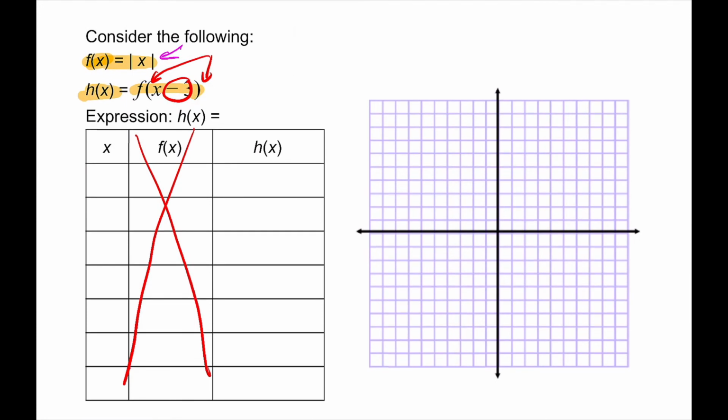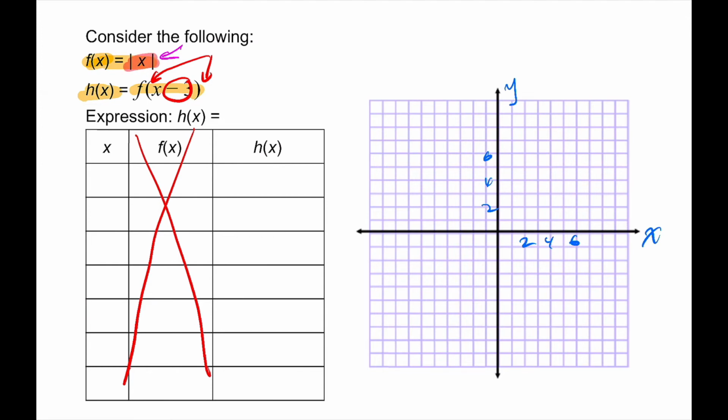label the grid. So we've got x and y. There's our scale, 2, 4, and 6. 2, 4, 6. So now we want to be strategic in choosing the values for x to graph this. And we're strategic in two ways. One is that we're recognizing that we're dealing with the absolute function.